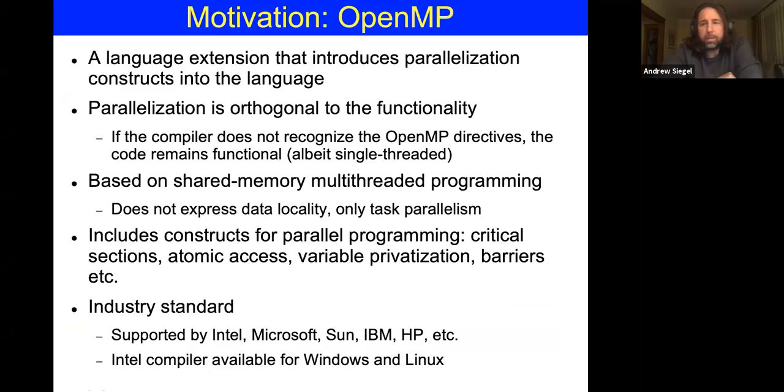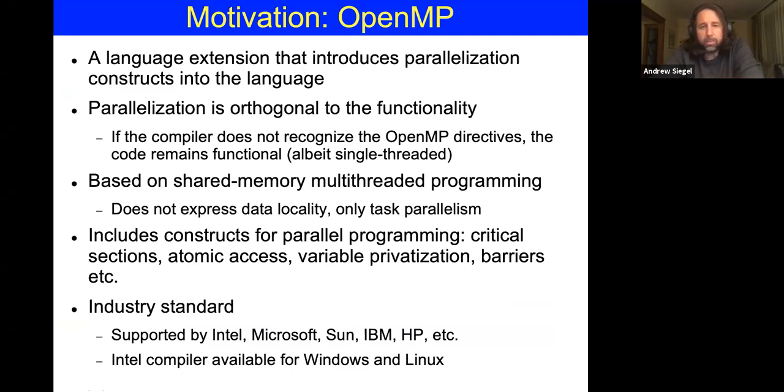So what is OpenMP? I talked a little about it. It's an extension to a language, which is one thing that makes it nice. Oftentimes when you want to do parallel programming, the first thing people ask for is not to learn a totally new language. So one idea is to extend an existing language. In this case, languages like C and Fortran and C++ are extended by adding certain parallelization constructs as pragmas to the language.